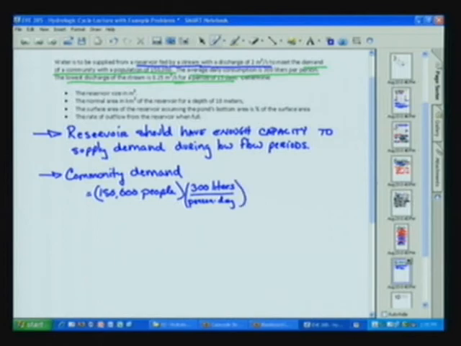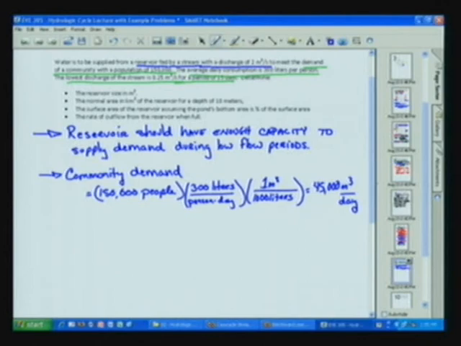And there are 1,000 liters in every cubic meter, which gives us a demand of 45,000 cubic meters every day.